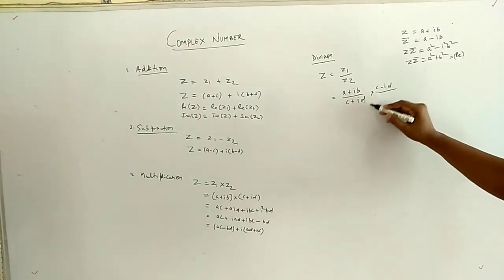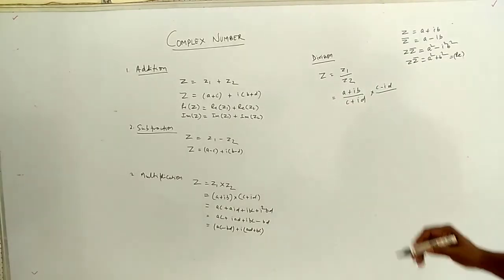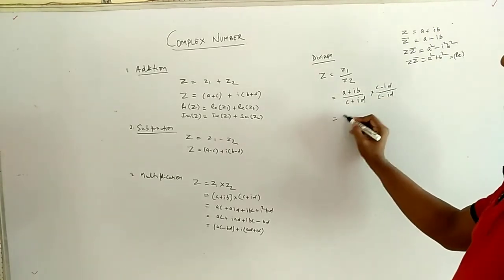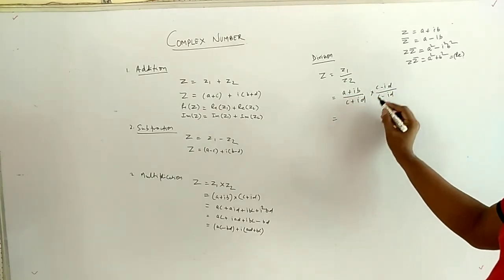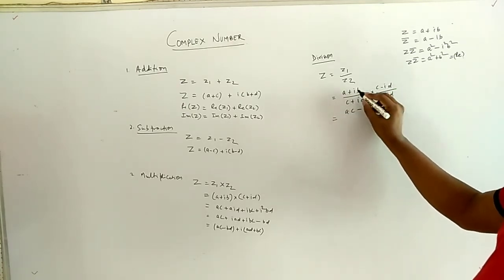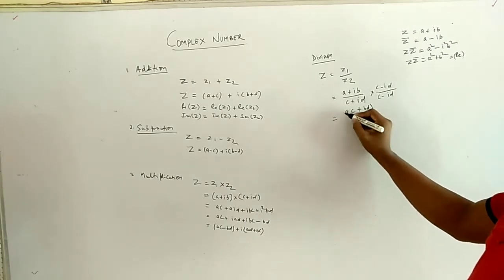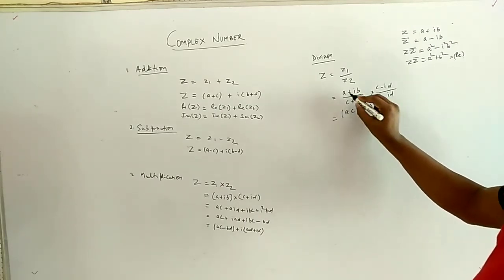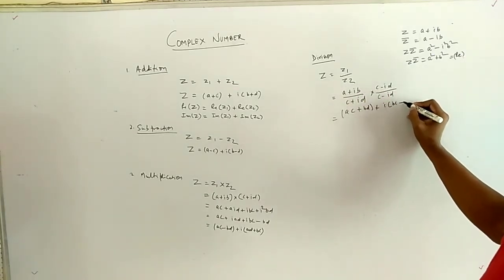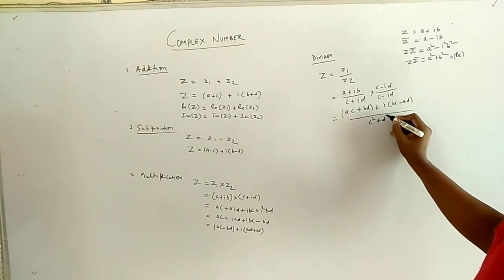That's why I prefer to multiply both numerator and denominator by c minus id, since c plus id is already there. So c minus id and c minus id. Now just multiply. Here you get ac, and the real part minus i square bd becomes plus bd, and for the imaginary part, I write bc first, and then minus ad, over c square plus d square.